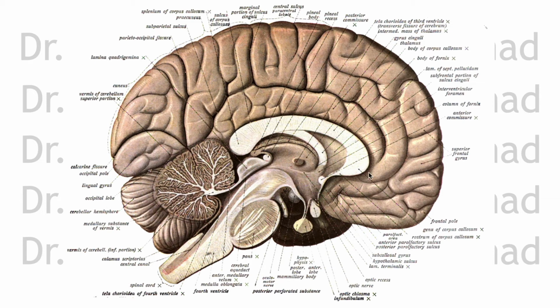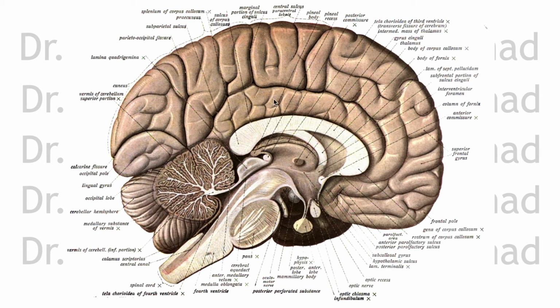Okay. Now this is the continuation of the cortex we saw on the superolateral surface. This is called the medial frontal gyrus. This is called the cingulate gyrus. Cingulum means a belt.